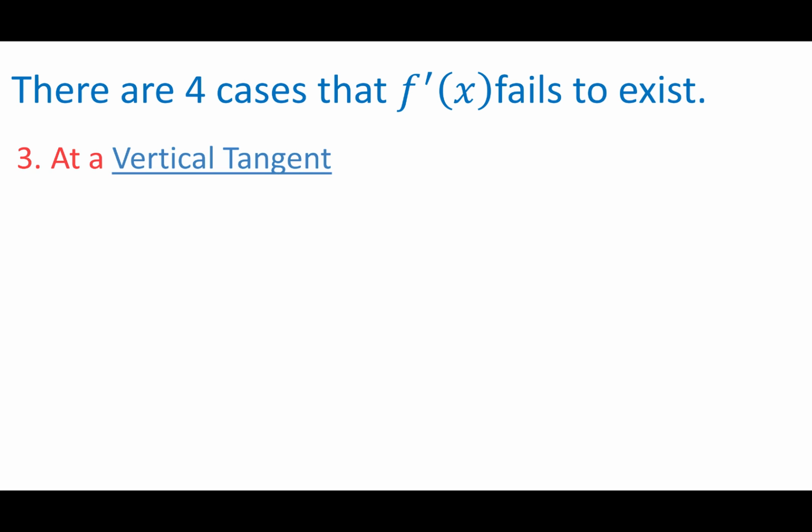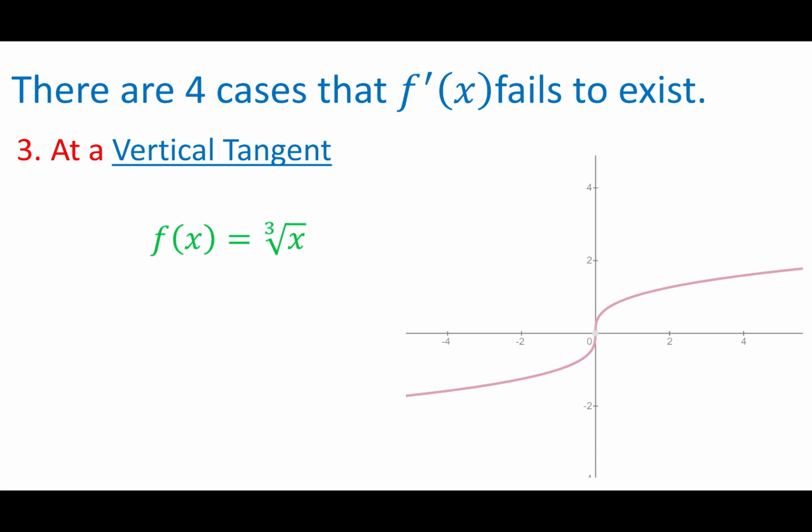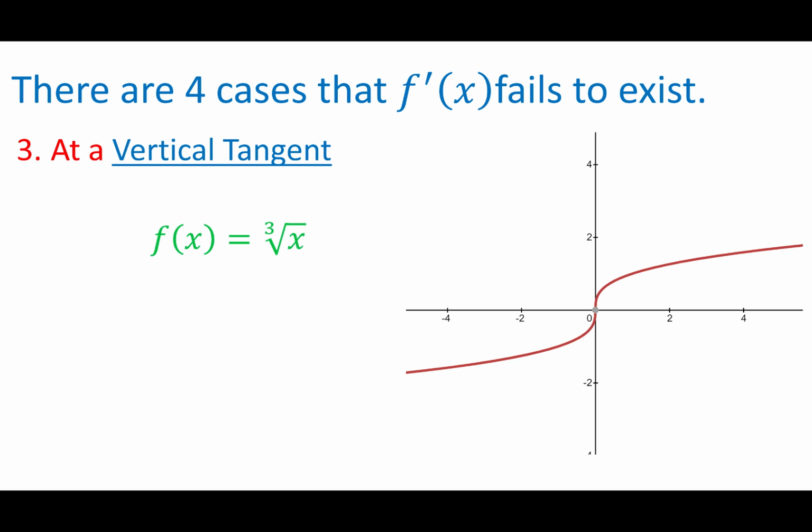Okay, third one is if we have a vertical tangent. So let's say we had cube roots of x. If I want to find my tangent here at 0, it would create a vertical tangent. And a vertical line has an undefined slope, so it fails there.